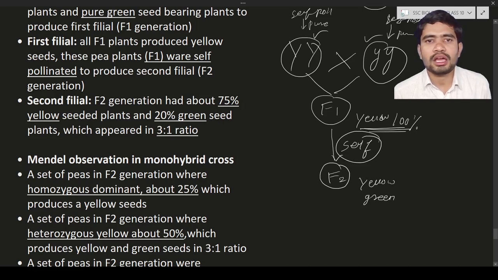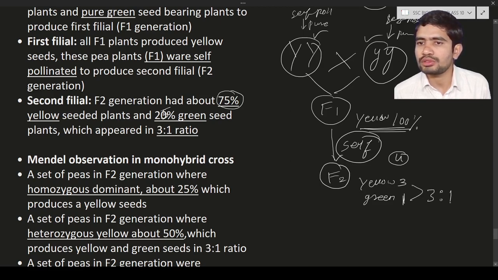Yellow will be 75 percent, and green seeds will be 25 percent, not 20. So this is a 3:1 ratio. Let us consider four seeds are produced. Of the four seeds, three will be yellow and one will be green. So you can write it as a 3:1 ratio, where 3 refers to yellow and 1 refers to green.